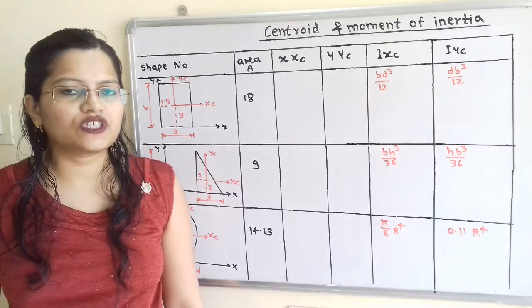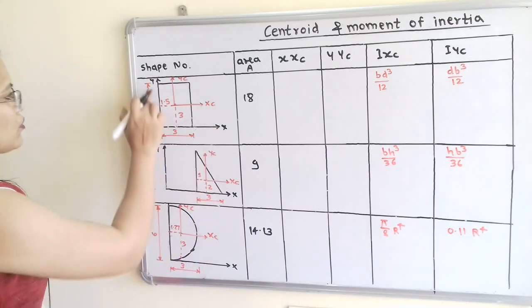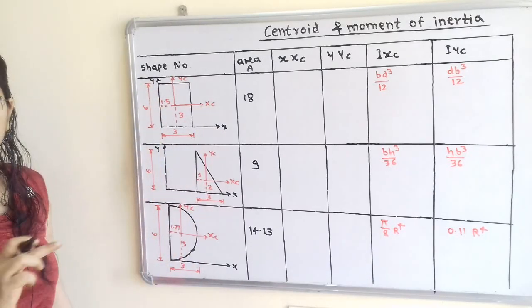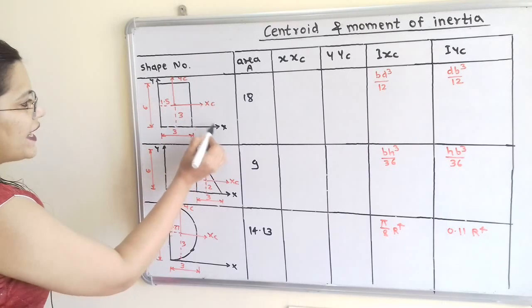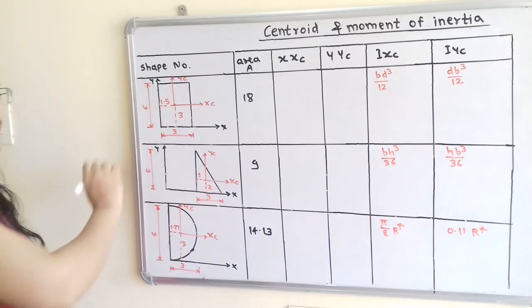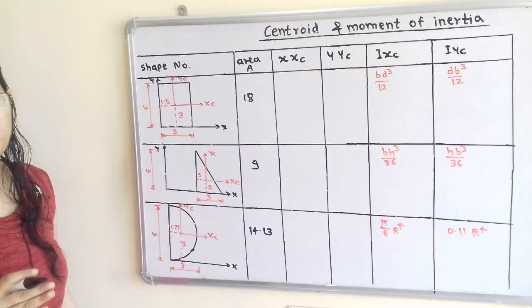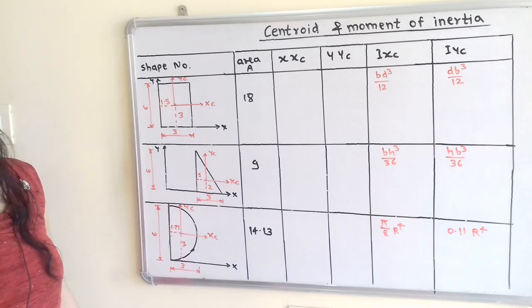But in this question we have to find the moment of inertia with respect to this x-axis and y-axis. So we are going to find this distance between x and xc, and in the same way the distance between y and yc for each shape, and only then are we going to use the parallel axis theorem.